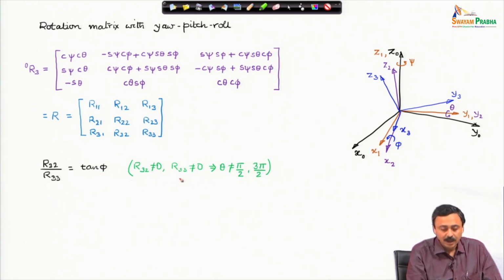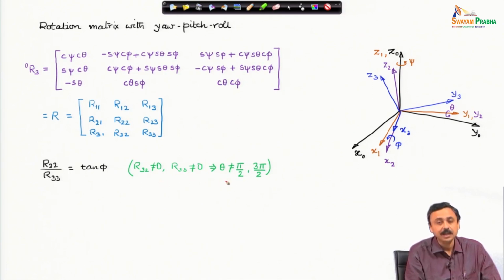If R 33 equals 0, that would imply something about theta. So, if these are not equal to 0, then theta cannot be pi by 2 or 3 pi by 2, that we definitely know. So if they are both non-zero, I can easily solve.